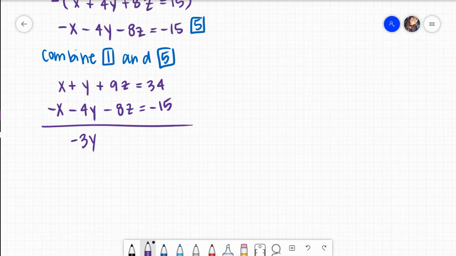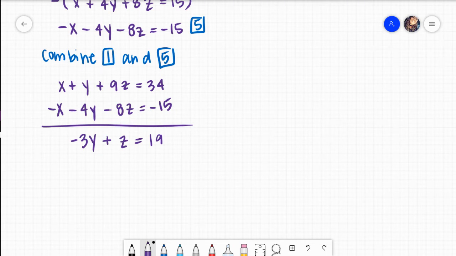If you scoot over to your z terms, what I have here is a positive 9 and a negative 8. Signs are different, so you would subtract, keep the sign of the larger, keep your variable, keep your exponent. And then I would get a 34, which is positive, and a 15, which is negative. If you do that subtraction right there, y'all, you get 19. It's a positive 19 because the largest number is positive, okay?